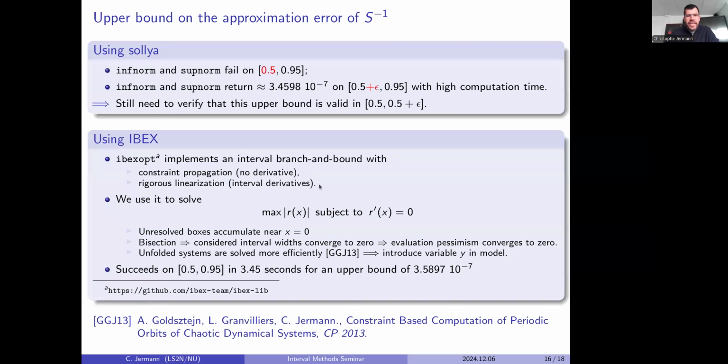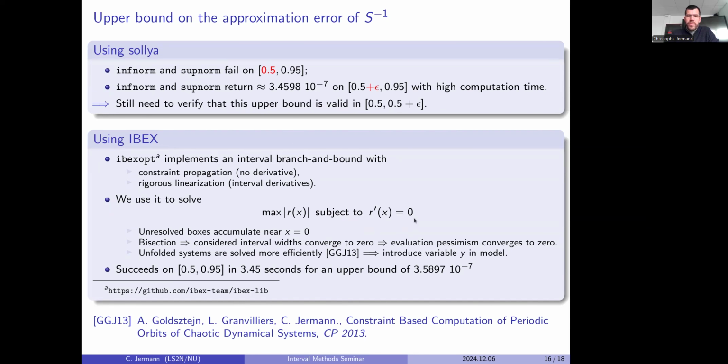Well, at least it can. It can also use Newton methods, but it can use constraint propagation without derivatives. And it uses rigorous linearizations. The problem we input to this solver is to find the maximum of the error subject to the fact that the derivative goes to zero.